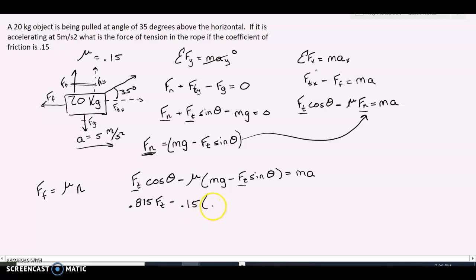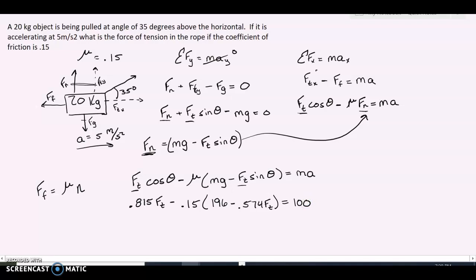Putting that into the calculator, that'd be 196, minus our force tension times sine of 35. Putting sine of 35 into the calculator real quick, this gives us 0.574 force tension. Let's close the parentheses there. Equals our mass of 20 times 5, which is 100.